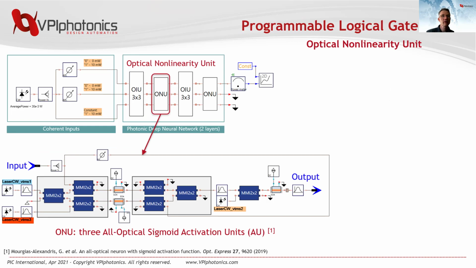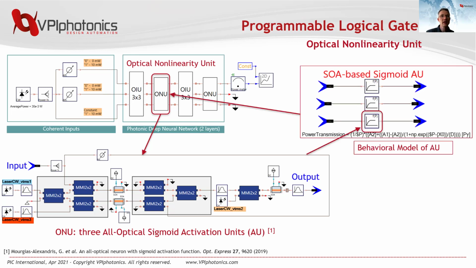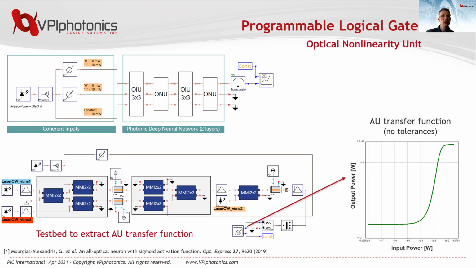The ONU consists of 3 all-optical sigmoid activation units, which are based on the SOA MZI structure shown here and referenced below. For an efficient simulation, we want to use a behavioral model that is characterized by the nonlinear transfer function of the activation unit only. So we place a PIC structure into a virtual testbed and find the transfer function of the activation unit.